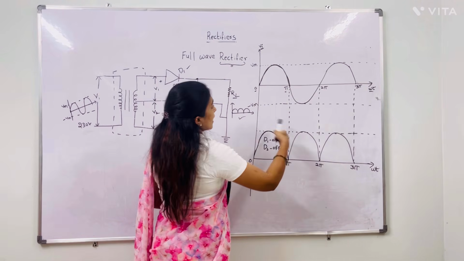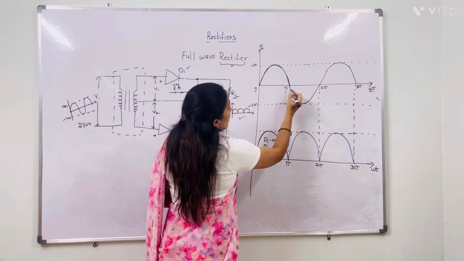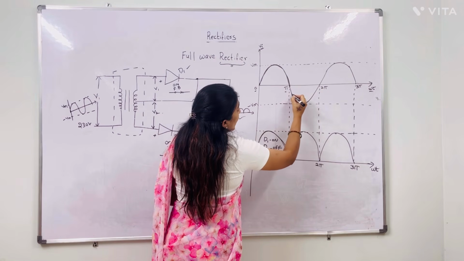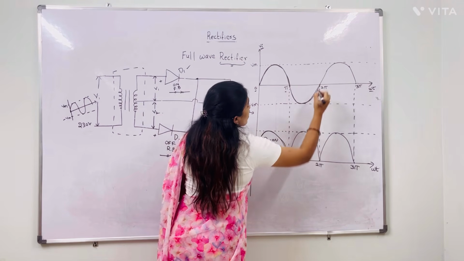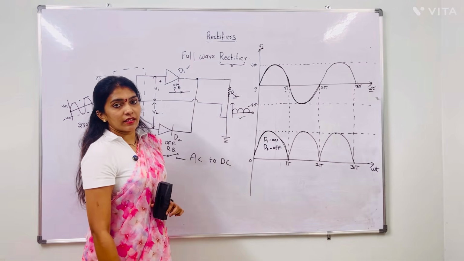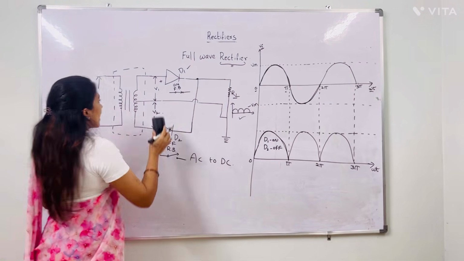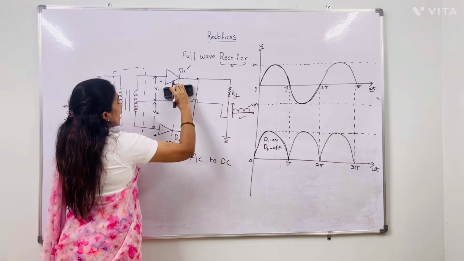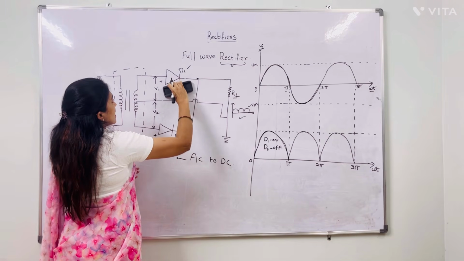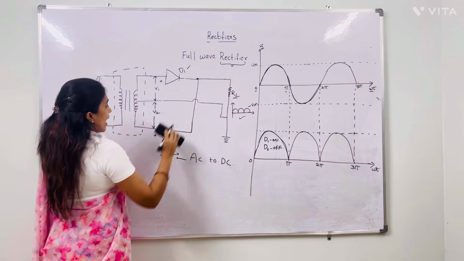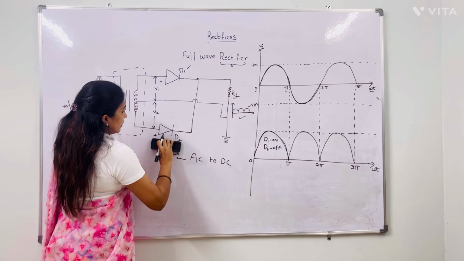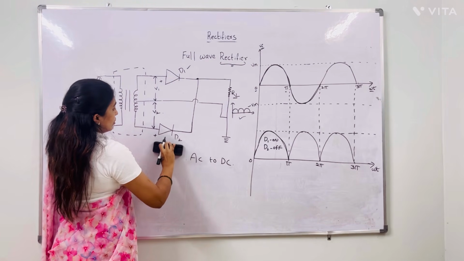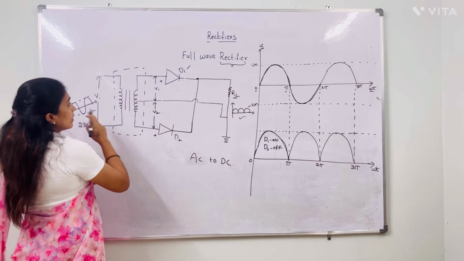Next, we go for the second half, that is from pi to 2 pi. From pi to 2 pi, the input is on the negative side, a negative signal. If a negative signal is given here, then what happens to diode D1? What is the function of diodes D1 and D2 now? Explain. So this negative signal is given here.